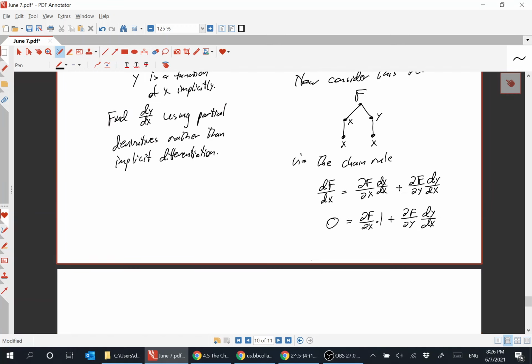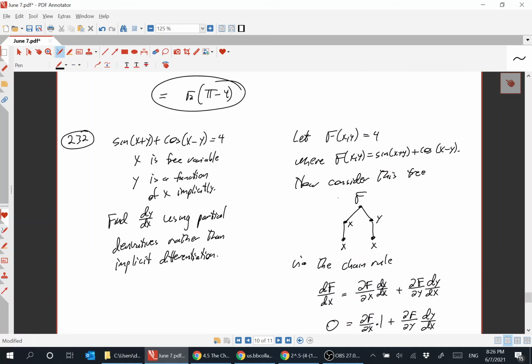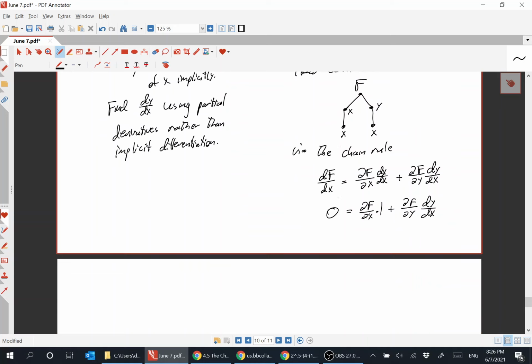That's just the plain chain rule. Dx dx is 1, and df dx is 0, because that function is constant. All right? So as a function of x, it's just a constant, but as a function of x and y, it isn't. It could be, but it's not in this case.